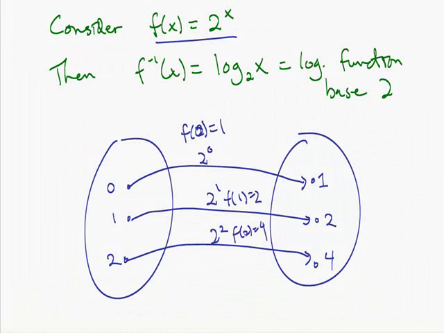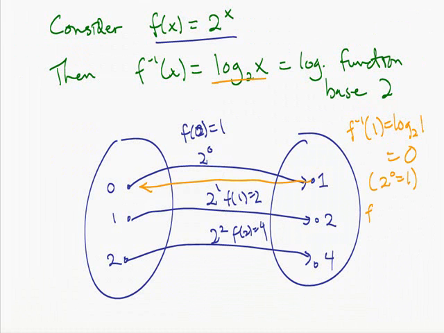Well, let's look at the logarithmic function and how the log function returns these values to the original. If we take the inverse function, f inverse of 1, according to our formula for the inverse, that's the log base 2 of 1. That's saying, what's the exponent that I raise 2 to to get 1? Well, the exponent on 2 to get 1 is going to be 0, precisely because 2 to the 0 is 1.